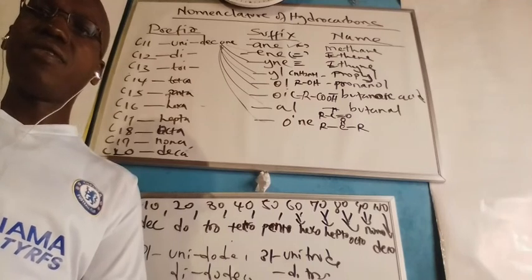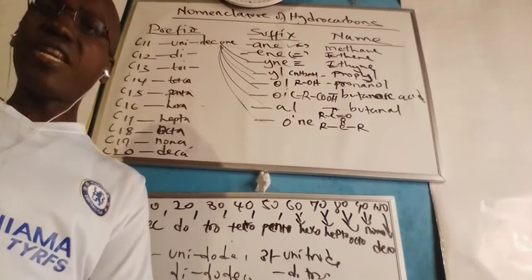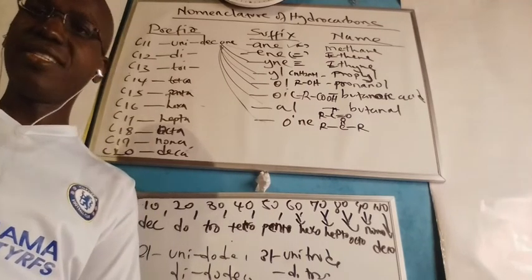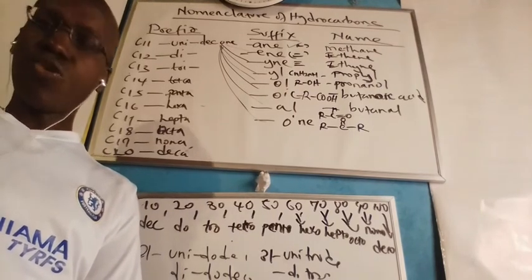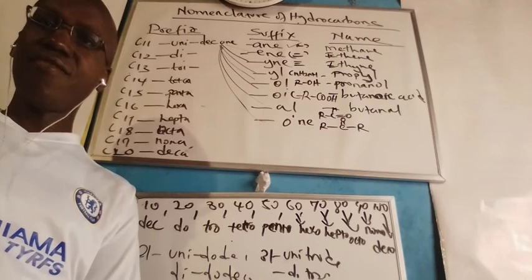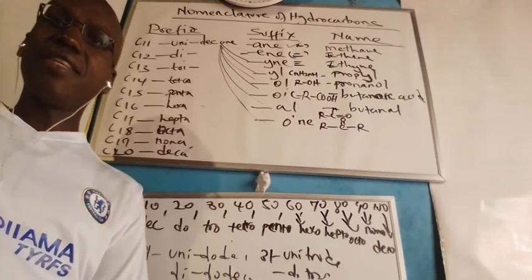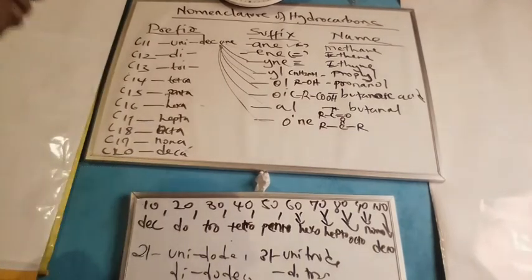Then we may have tetro for 40 instead of tetra for 14. We may have pento for 50 instead of penta for 15. And the sequence continues up to what we are calling decadecane.